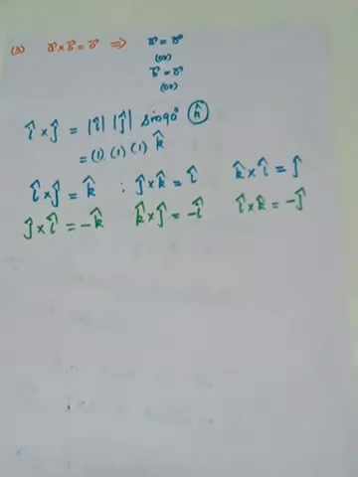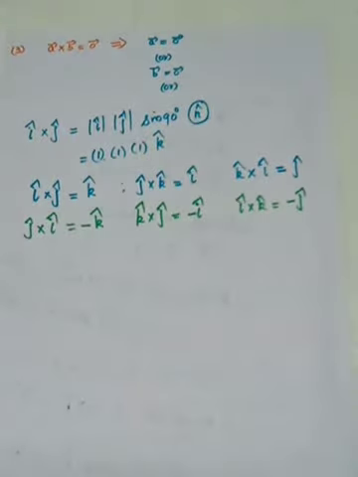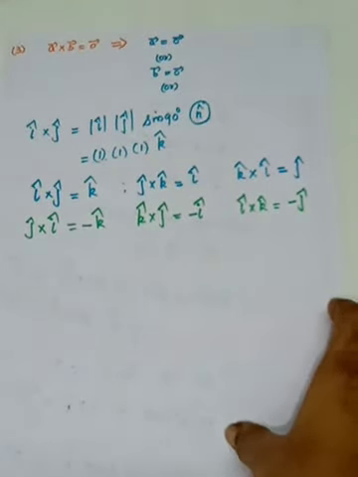So when do you have to write plus and when do you have to write minus? See the cyclic order I, j, k: I cross j, j cross k and k cross I. If it is in the cyclic order, you have to write positive. If the cyclic order has changed, you have to write minus. In this way you have to remember.